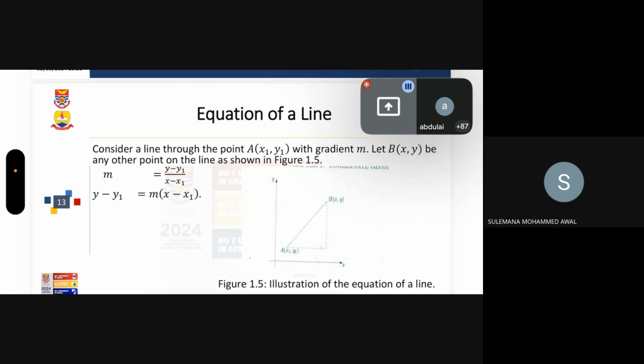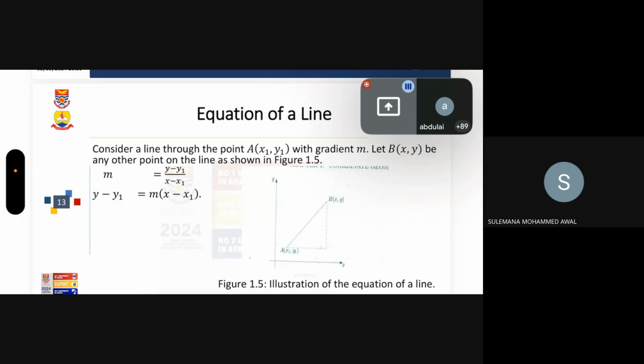To find the equation of the line, we know that the gradient m is equal to y minus y1 over x minus x1. Here I was not giving x2 and y2, but x and y, and then x1 and y1. So my gradient is y minus y1 divided by x minus x1.